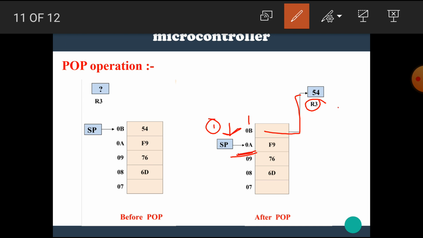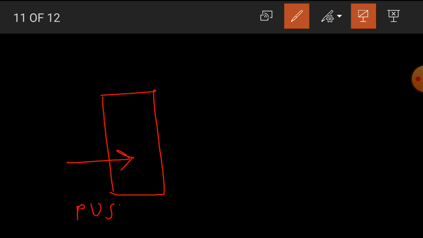I hope you all understand the basic difference between push and pop operation. It is very simple: if the data is loaded into the stack, then a push operation is required, and during each push operation the stack pointer register is incremented by 1.